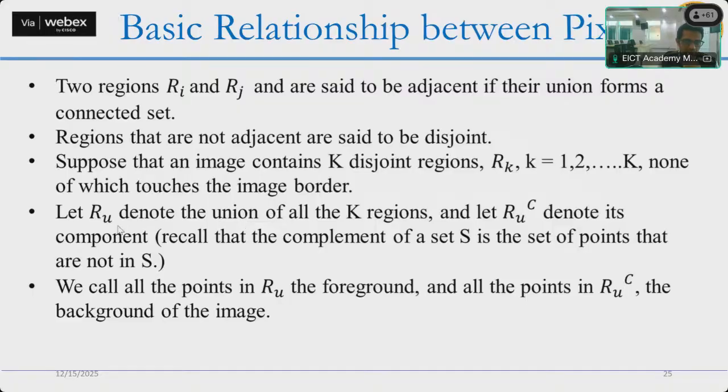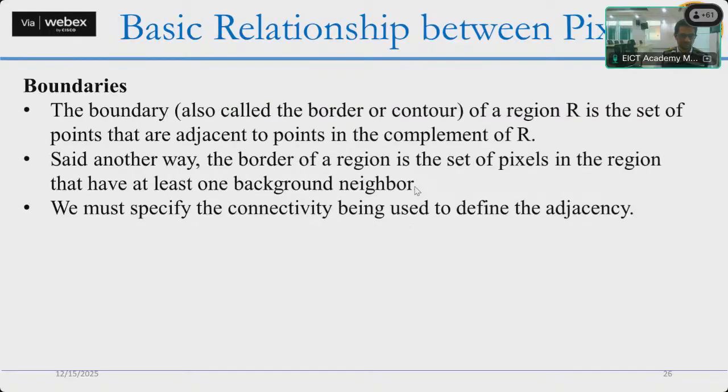Now coming to the part: R_u denotes the union of all the k regions, and let R_c denote its complement, where subscript c denotes complement. The complement of a set S is the set of points that are not in it. I need to show you the diagram.